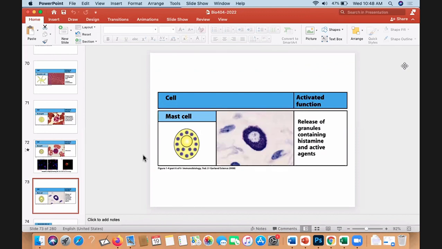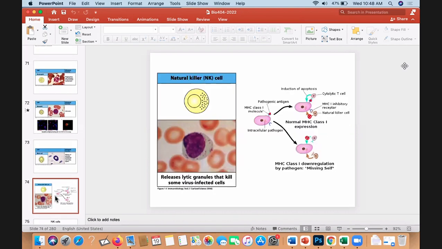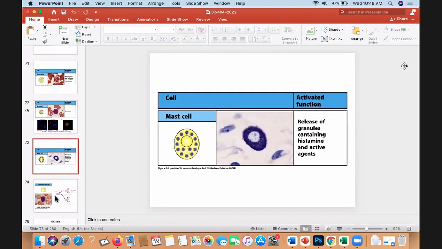So if you want, I can stop or I can continue for maybe 2-3 more slides. Mast cells, you know that they are very good at releasing histamines, responsible for allergic responses.